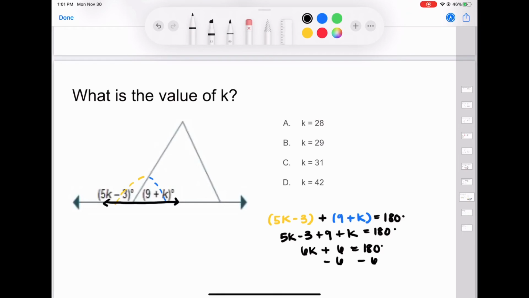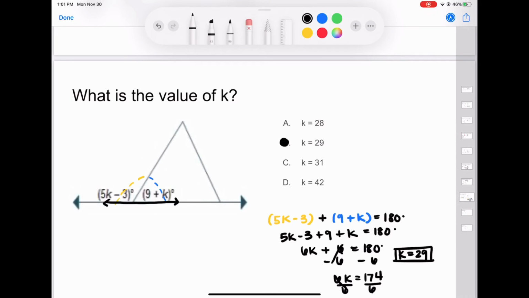And I'm putting this in my calculator. So I have 6x equals 174. I'm going to divide by 6. And that is equal to k is equal to 29. And thus our answer is B.